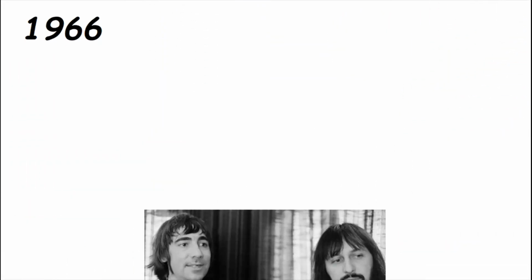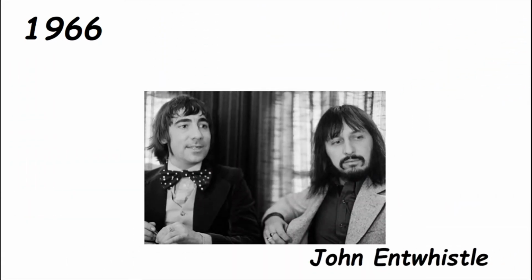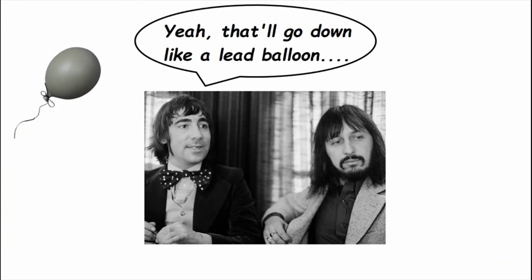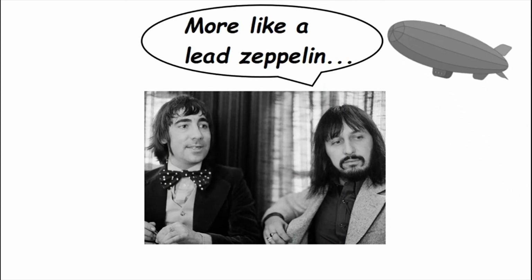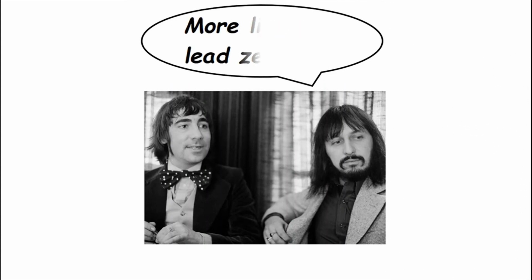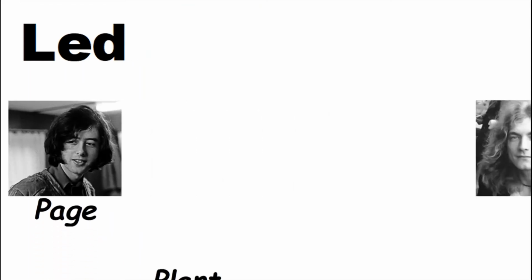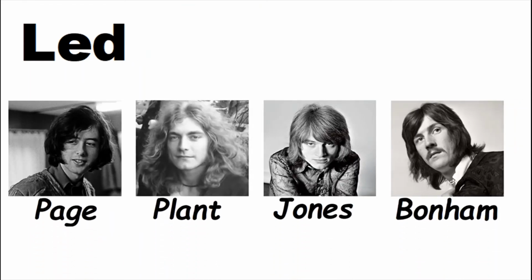Moon and Who bassist John Entwistle joked about keeping the group together as an actual band. Moon said, "Yeah, that'll go down like a lead balloon," to which Entwistle replied, "More like a Led Zeppelin," which was a type of airship. Stylizing lead as lead, the new group of Page, Plant, Jones, and Bonham had their name, Led Zeppelin.